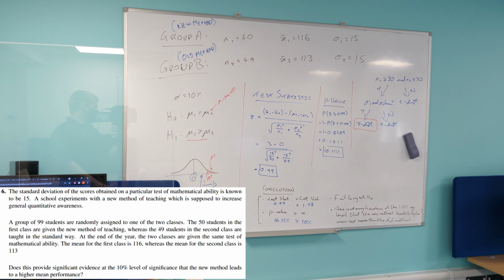But you notice the wording of how I'm putting it across. I'm not sort of saying that it's definitely true or definitely not true. I'm just saying, well, look, based on this evidence, and also we're using a 10% significance level, the new method leads to higher mean test scores than the old method. I'm not using wording like the new method is better or worse than the old method or no different. Because of course that's subjective. But based on the mean test scores, there's no difference between them.